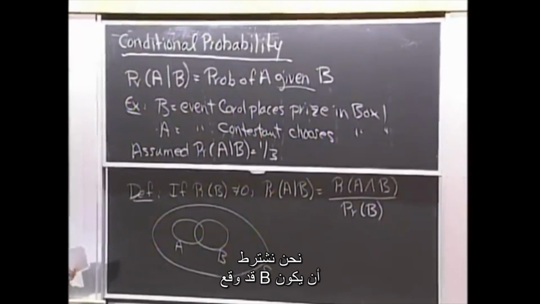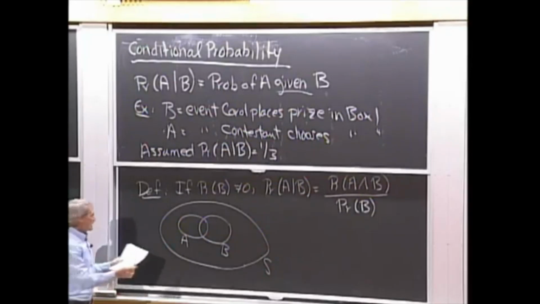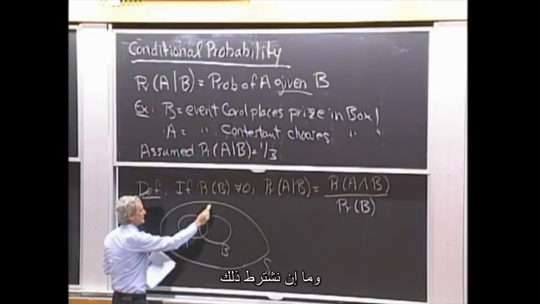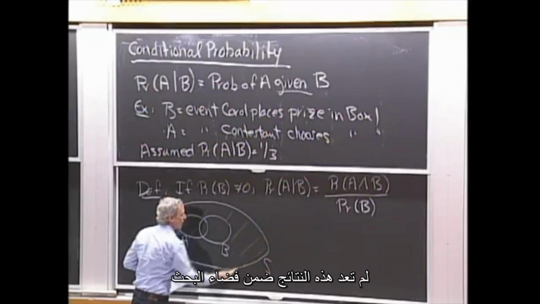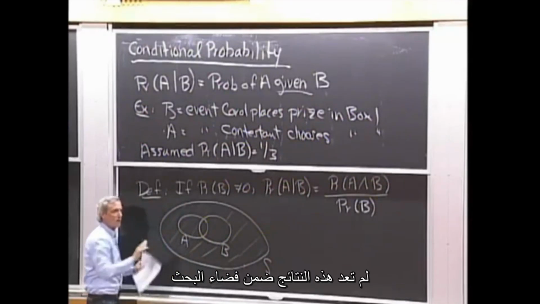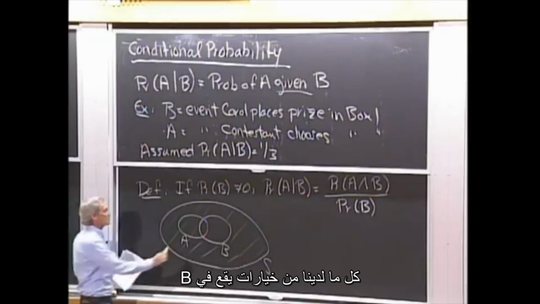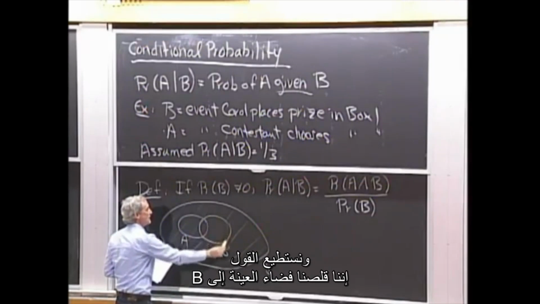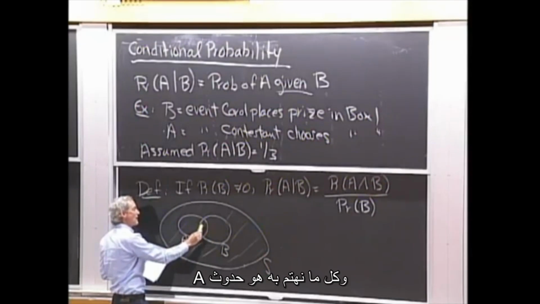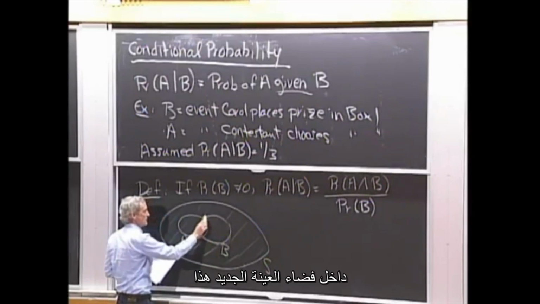Now, we're conditioning on the fact that B happened. Once we've conditioned on that, all this stuff outside of B is no longer possible. All those outcomes are no longer in the space of consideration. The only outcomes left are in B. So in some sense, we've shrunk the sample space to be B. And what we care about is the probability that A happens inside this new sample space.